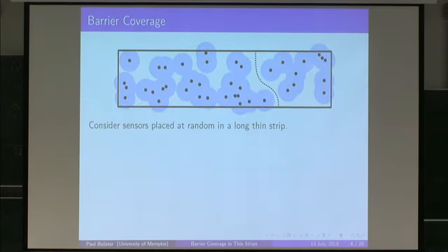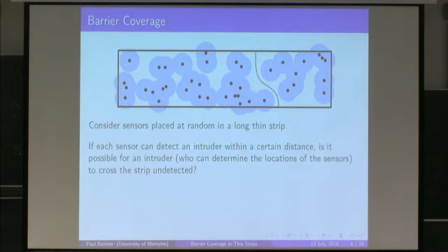Okay, so now we come to the actual problem. What we're going to think about is a bunch of sensors along a long, thin strip. These sensors have the property that they can detect an intruder who wanders a little bit too close to them, but they can only detect within a certain range.